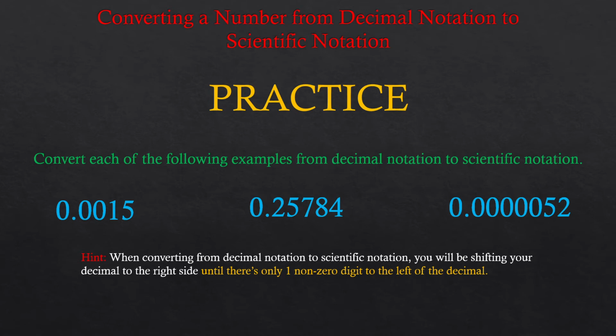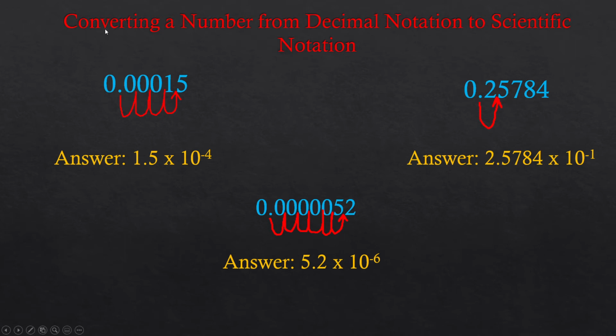Okay, here's some practice problems to work with. Okay, so we're going to move our decimal to the right side until there's only one non-zero digit to the left side of the decimal. So here we go. 1, 2, 3, 4.